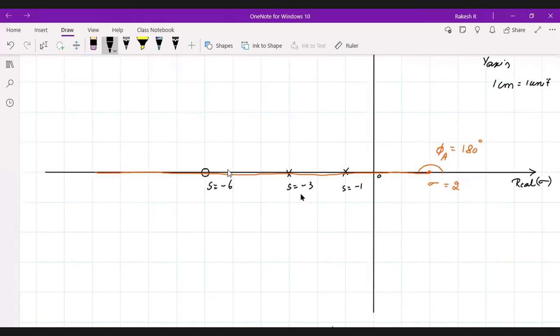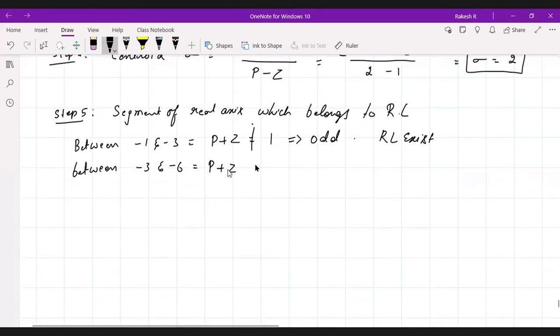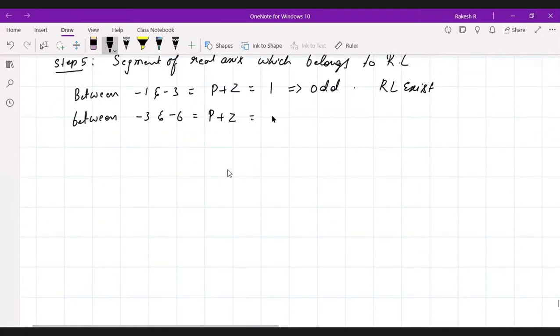So we have -3 and -1. So there are only two poles here. This is even, so the root locus does not exist.